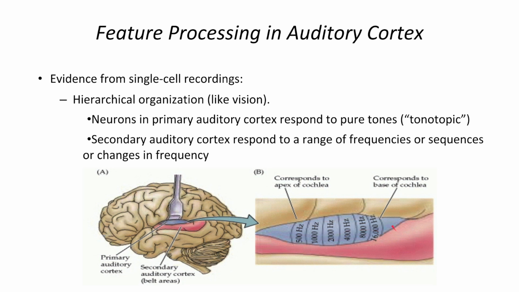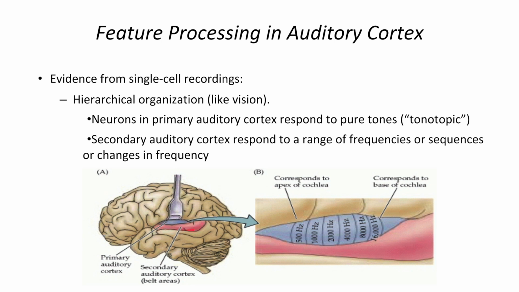So we have simple responses to simple frequencies at the primary auditory cortex, just like with the primary visual cortex, we had responses to very simple shapes. And then as we move out to the belt and parabelt regions, which are sometimes called the secondary auditory cortex, and then on into inferior temporal cortex and parietal cortex, what we find is that these regions respond to more and more complex kinds of auditory inputs.